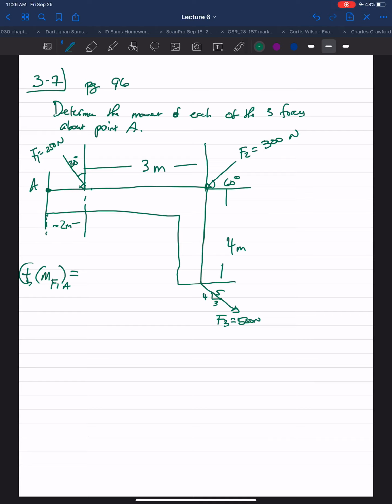So we have F1 is actually at an angle. So let's do a different color. So there is a horizontal and vertical component to F1.